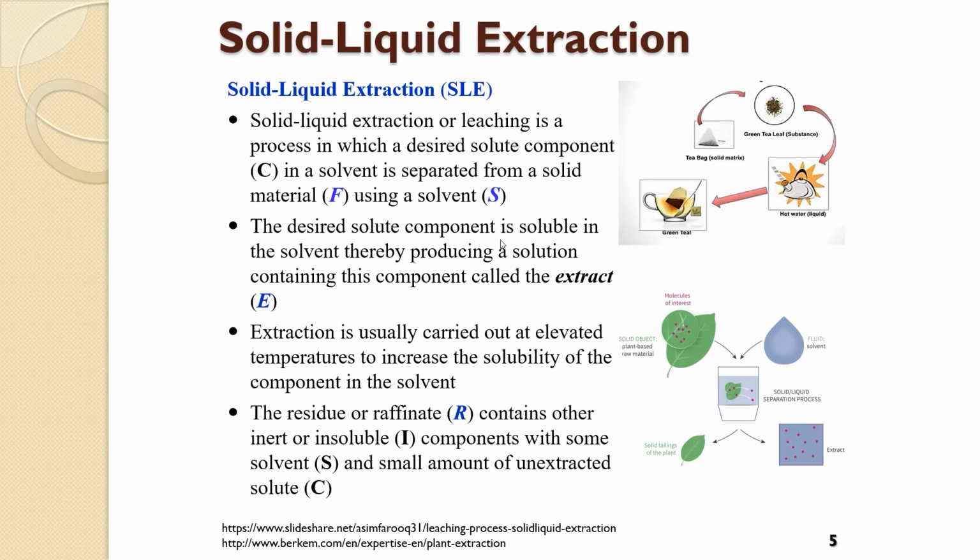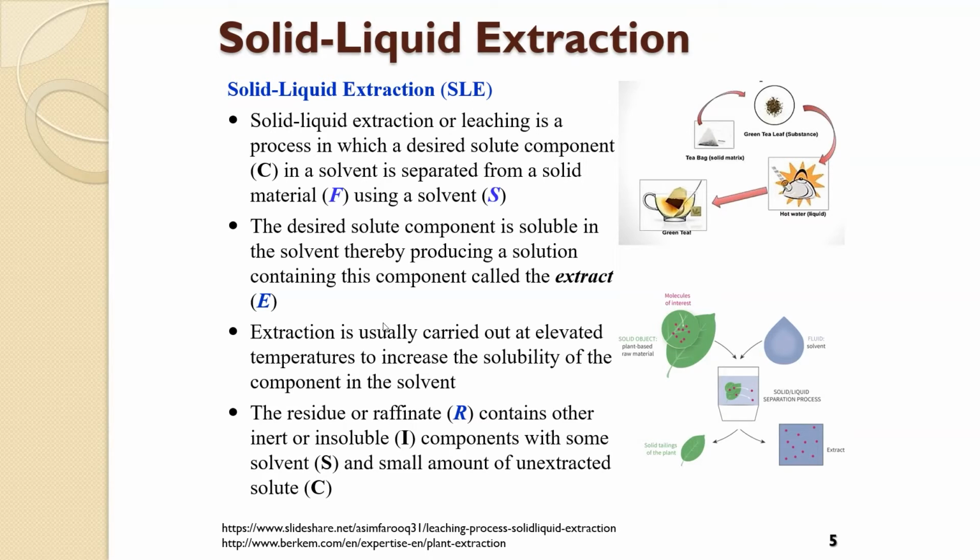So the desired solid component is soluble in the solvent, thereby producing a solution containing this component called the extract. So you basically extract it. It leaches out of the bag. Extraction is usually carried out at elevated temperatures to increase the solubility of the component in the solvent.